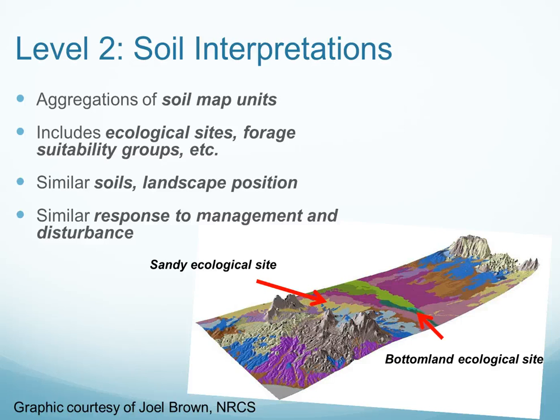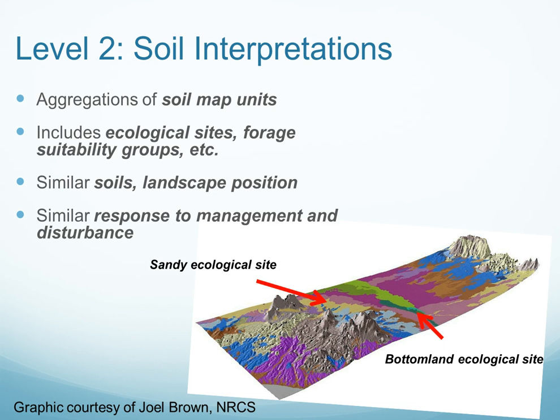Here we see a map of a landscape that is divided out into different ecological sites. They're shown in different colors, and we see two that are highlighted here. The sandy ecological site generally has deep or moderately deep to deep soils that tend to be sands or sandy loams, and it's located on an alluvial fan or on a fan piedmont.